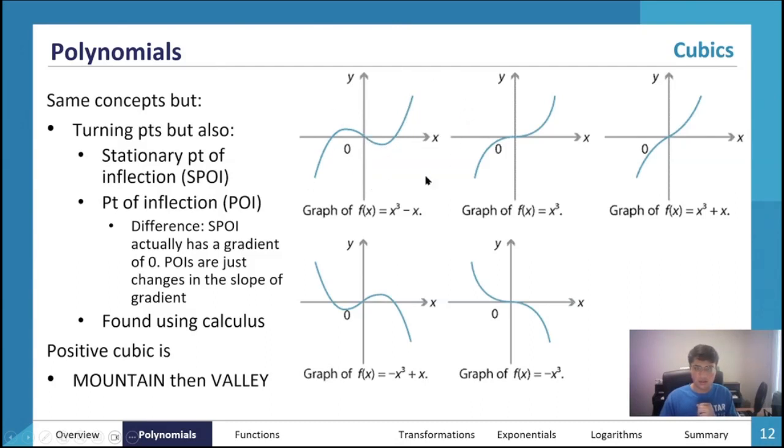Now this doesn't always apply. Sometimes you might have just a bit of a wiggle like this. It's not really a mountain and a valley, but just remember that it can have any one of these forms. In general, just remembering that it's a mountain then a valley will help you out a lot when it comes to tackling questions involving cubics.